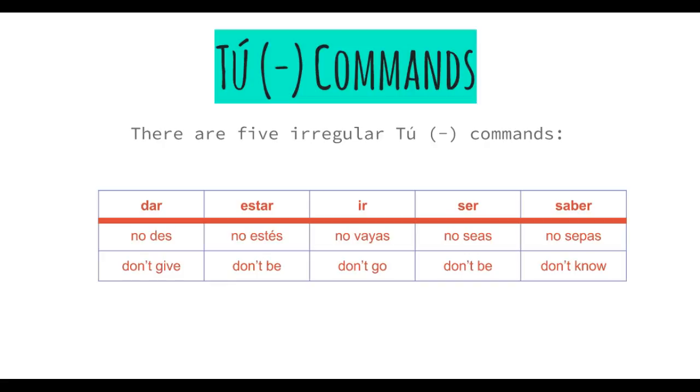Don't be when you're using the verb estar, no estés. Don't go, no vayas. Don't be when you're using the verb ser, no seas. And don't know, you would use no sepas. You'll find that the 5th one, no sepas, is not as common because it's not very typical that you would tell someone not to know something, but the first 4 are very common commands.